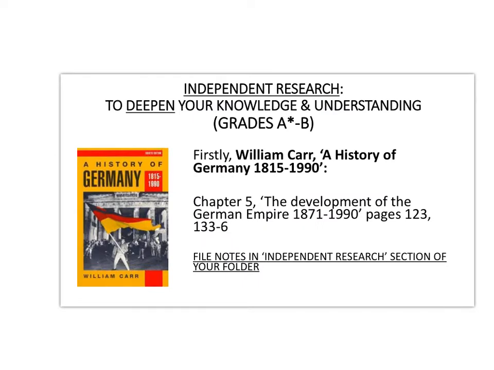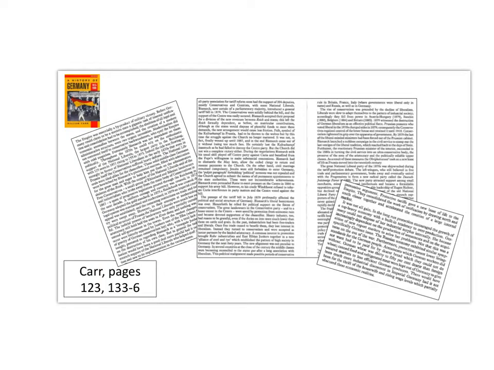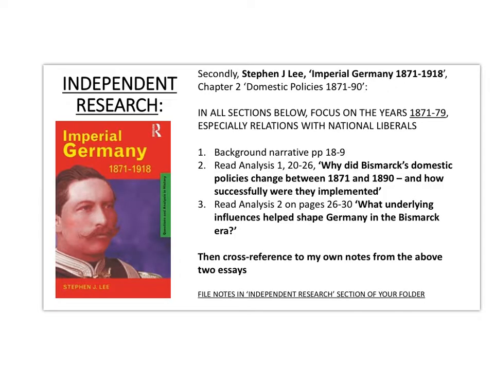Supplementary reading: William Carr is very good on this. There's a little shot there of the pages, so it goes into a lot more depth than the textbook, which of course is what we want to be able to access the high grades. Stephen Lee, remember, is excellent for reading effectively modelled A-level essays.